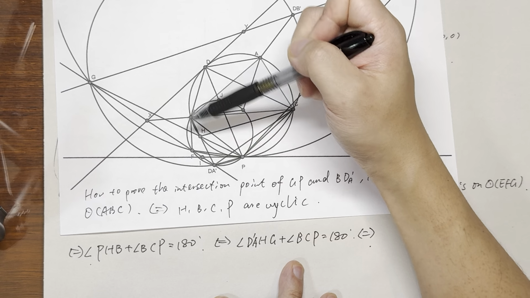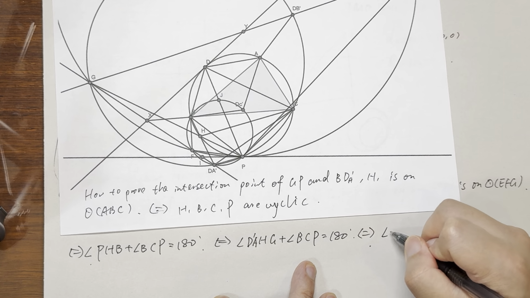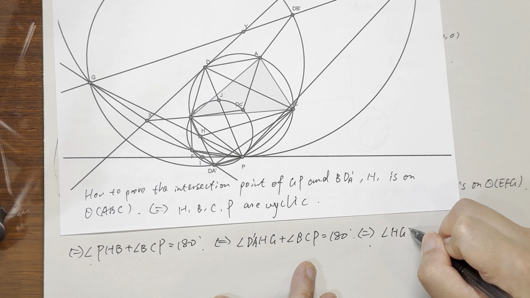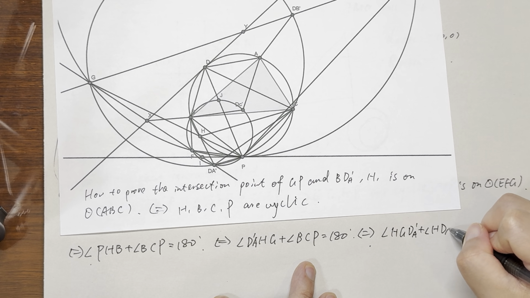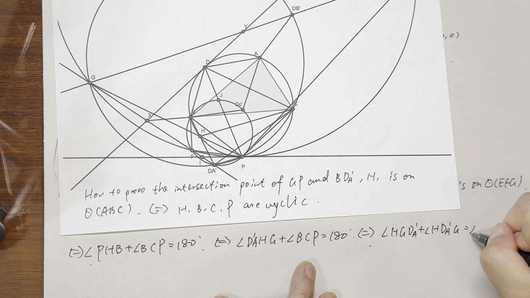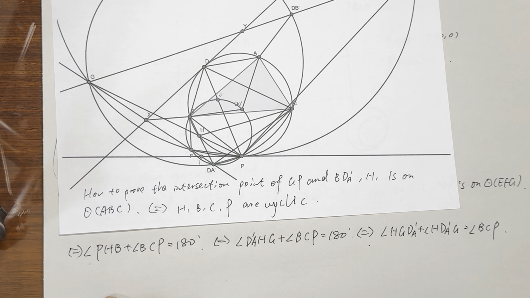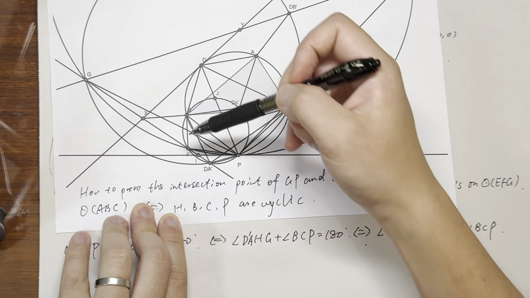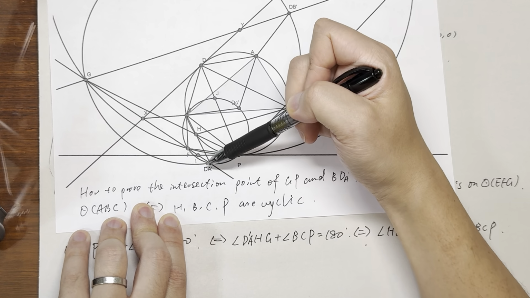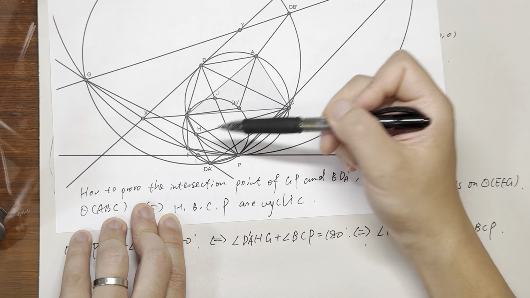This angle plus these two angles equals 180 degrees, which means we just need to prove that angle HGDA prime plus angle HDA prime G equals angle BCP, right? We want to prove that angle HGDA prime plus angle HDA prime G equals angle BCP.